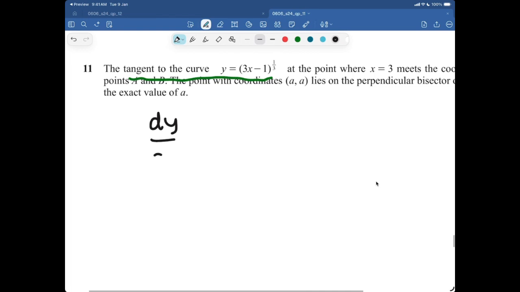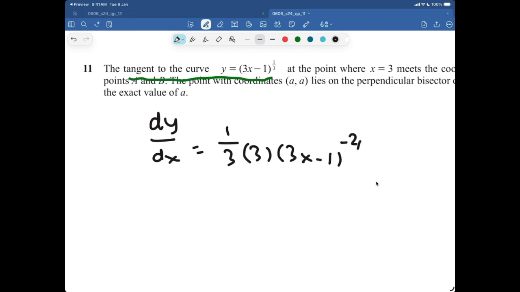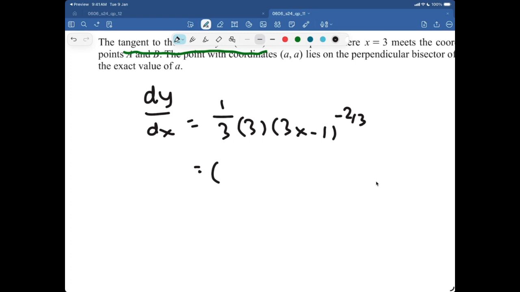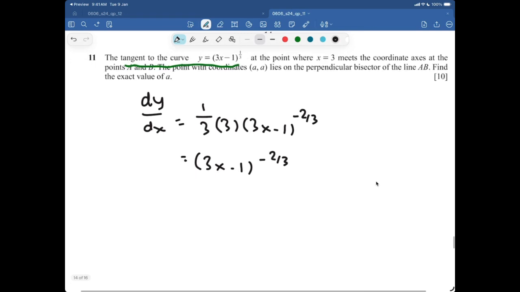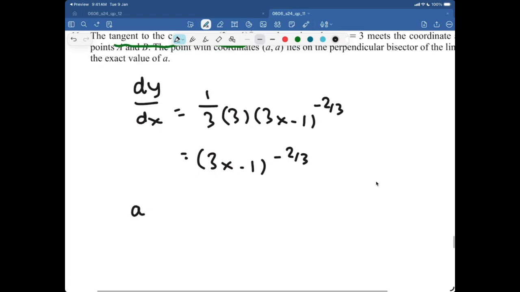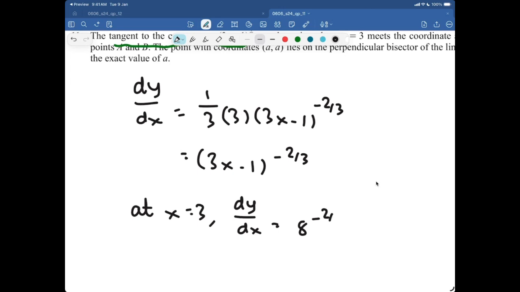So dy/dx is equal to 1 over 3 times 3 times (3x minus 1) to the negative 2/3 by the chain rule. At the point x equals 3, dy/dx is equal to 8 to the negative 2/3, which equals 1 over 4.